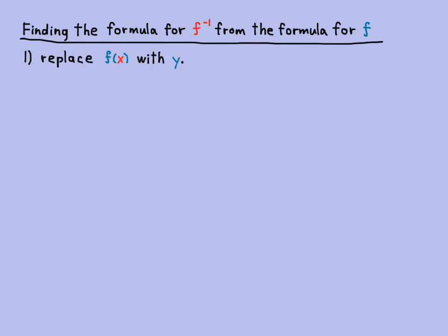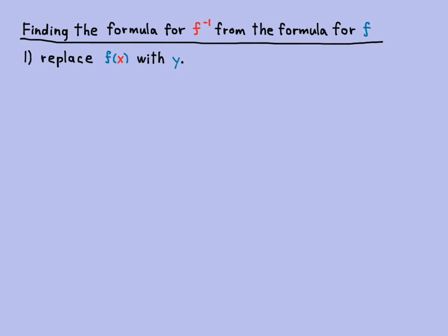So first, you replace f of x with y. Why would we do that? Because y is a single symbol, whereas f of x is actually 4 things. And so it's easier to manipulate. We're going to manipulate the y, and in fact, it's going to end up in the middle of my equation somewhere, instead of alone by itself on one side.